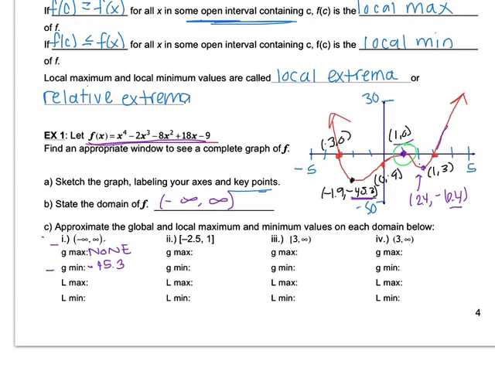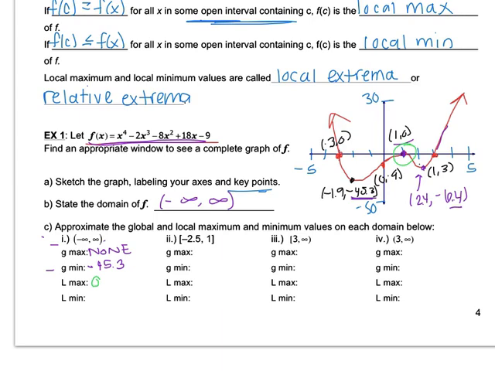So in this case, we actually do have a local max right here, and the local max is the y value, which would be 0. That might seem confusing because we don't think of the number 0 as being a maximum number, but it's higher than all of the other ones around it because it goes into the negatives. Local min, so we're looking for, again, turning points.